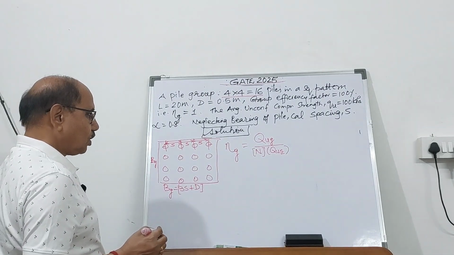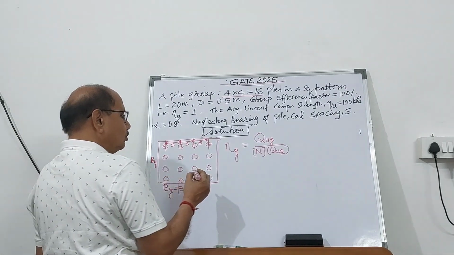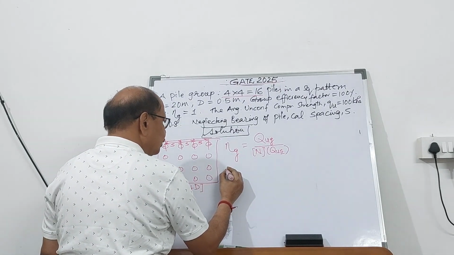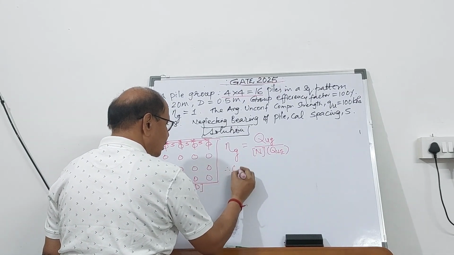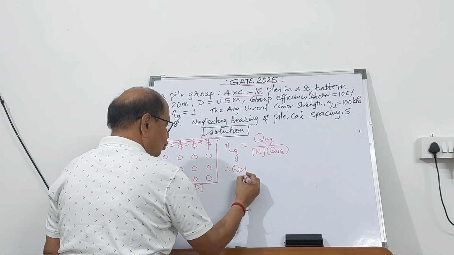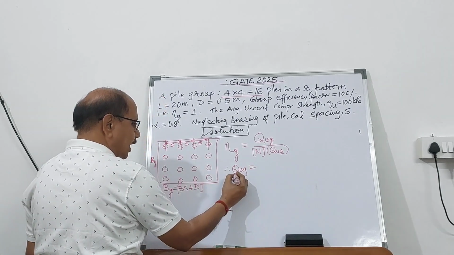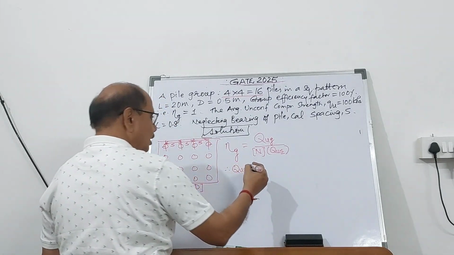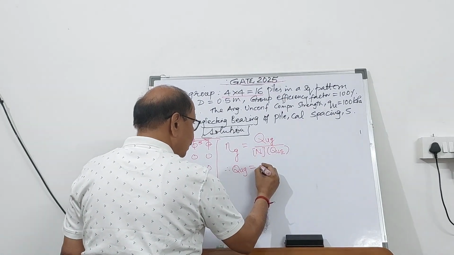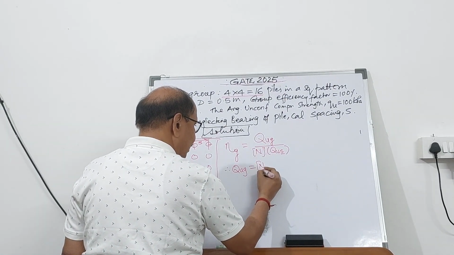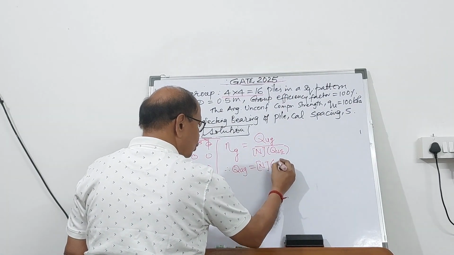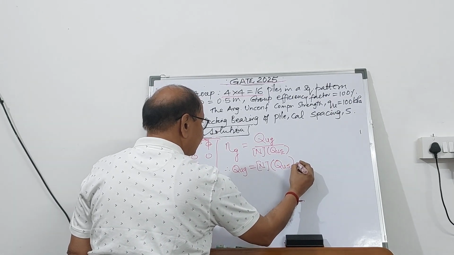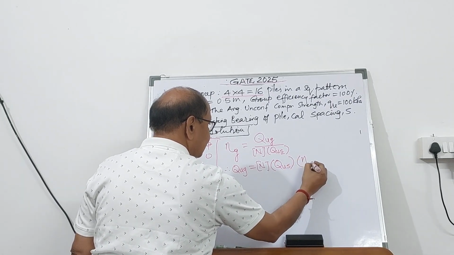Now, if you want to find out the value of QUG, therefore QUG, the ultimate load carrying capacity of this 4 by 4 pile group, will be n number of piles into QU of a single pile multiplied by eta g.